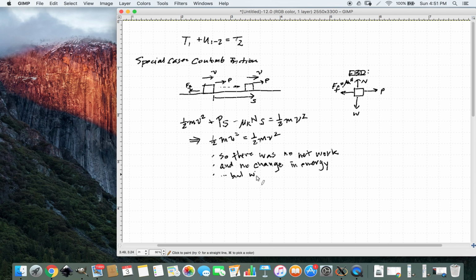what about energy in the form of heat generated by the friction?